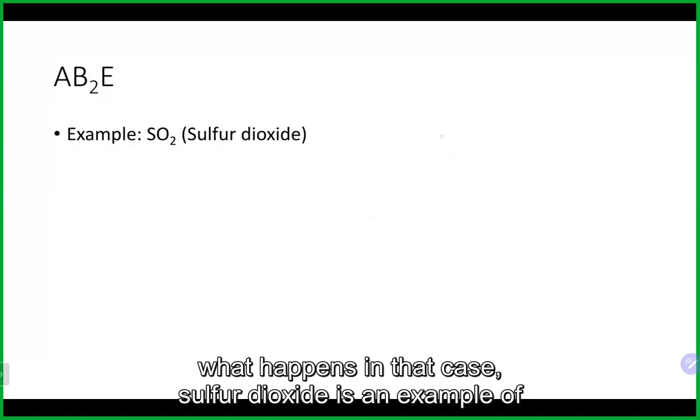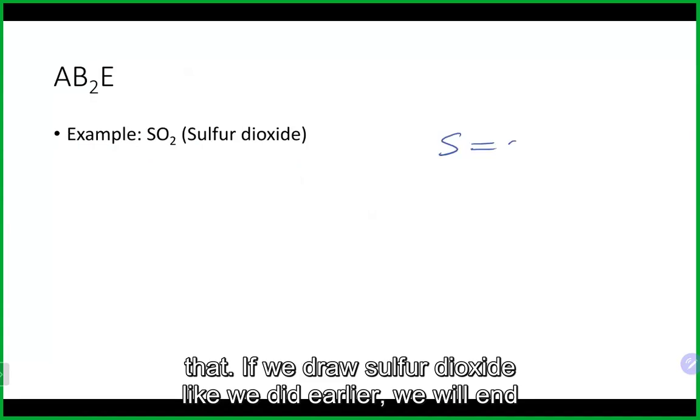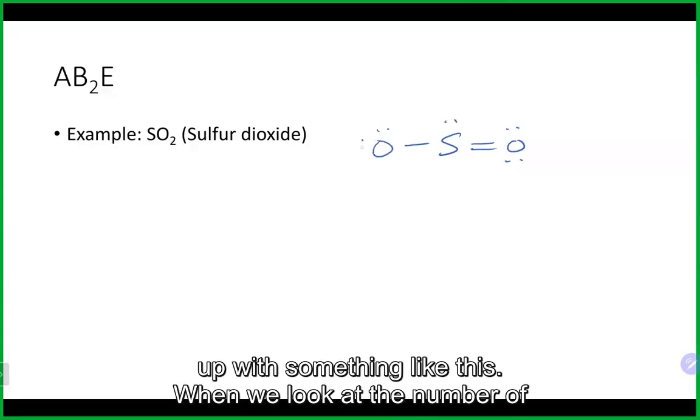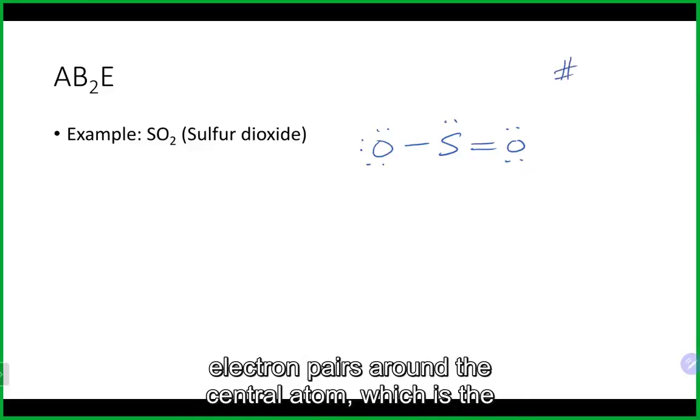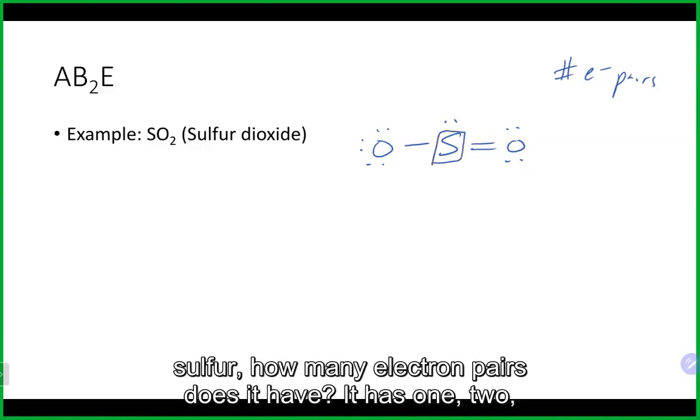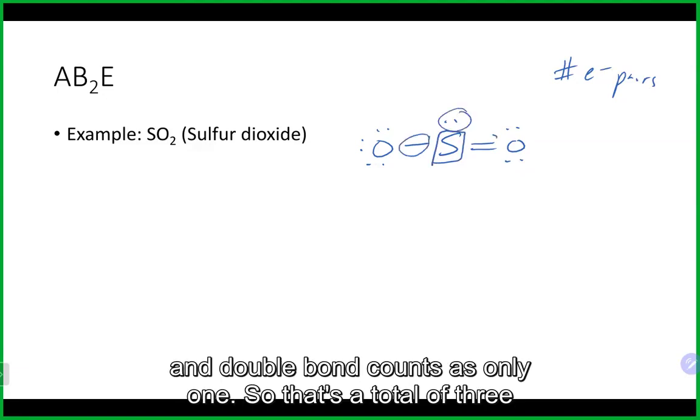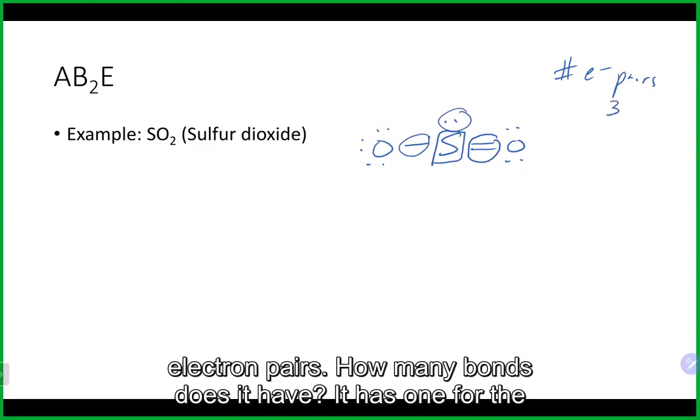Sulfur dioxide is an example of that. If we draw sulfur dioxide like we did earlier, we will end up with something like this. When we look at the number of electron pairs around the central atom, which is the sulfur, how many electron pairs does it have? It has 1, 2, and the double bond counts as only 1, so that's a total of 3 electron pairs.